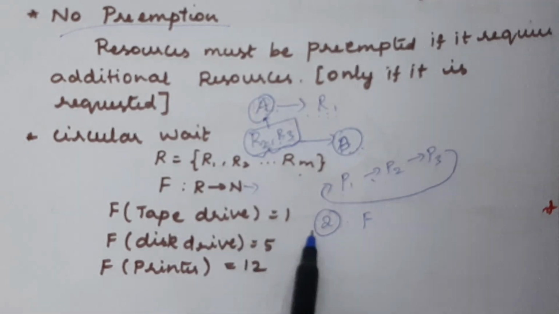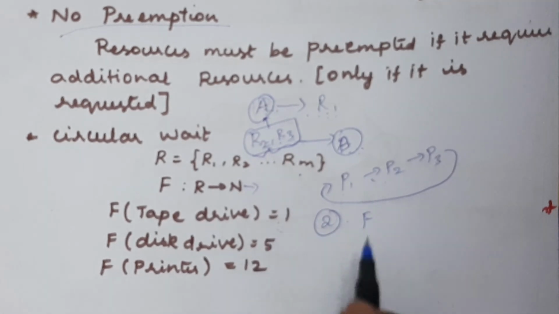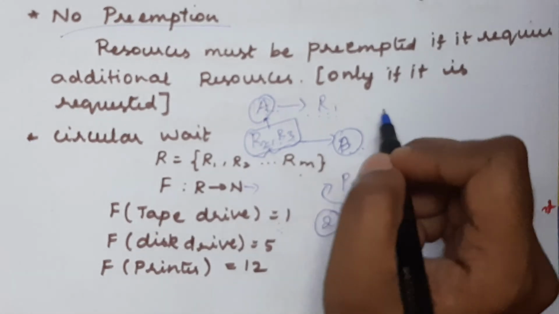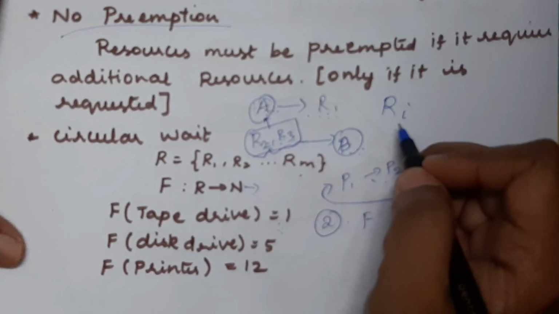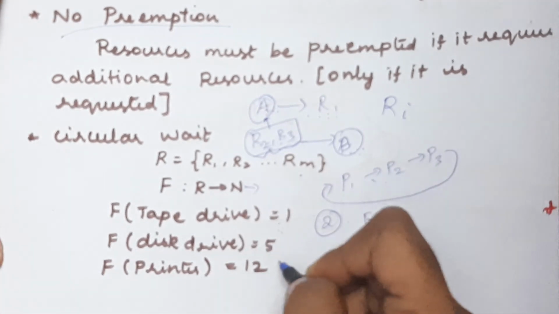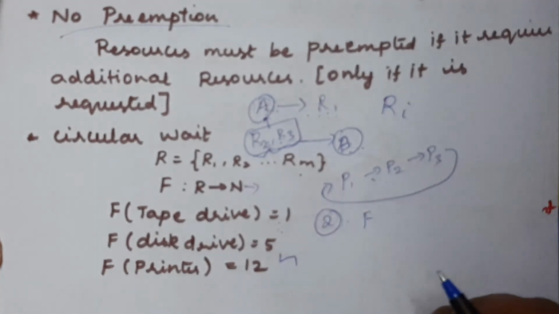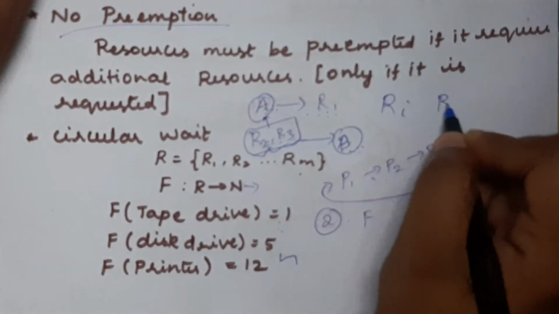Now if any process requires the first resource, that is tape drive, we call it Ri, because that was the first resource required by the process. And suppose it requires some other resource, let it be a printer, then it is Rj.